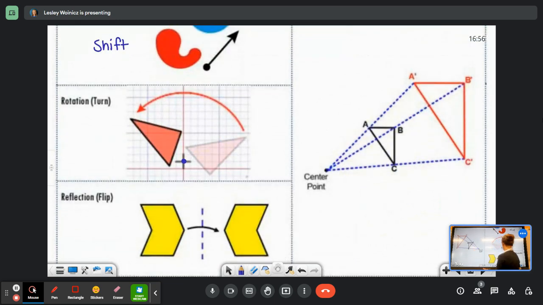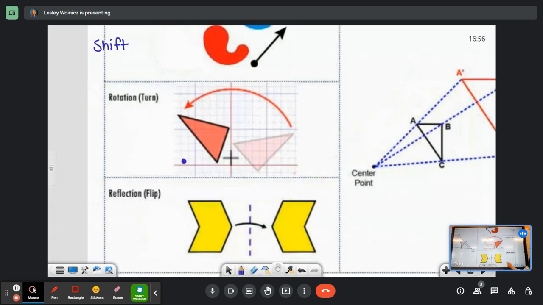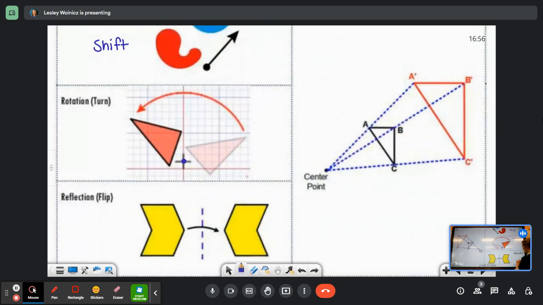Reflection. We did a lot of this in Algebra 1 too. When we had our parabolas, we did a lot of reflecting in the x-axis. We did flips in the x-axis. This one looks like it's been flipped in the y-axis, but you should be familiar with the idea.